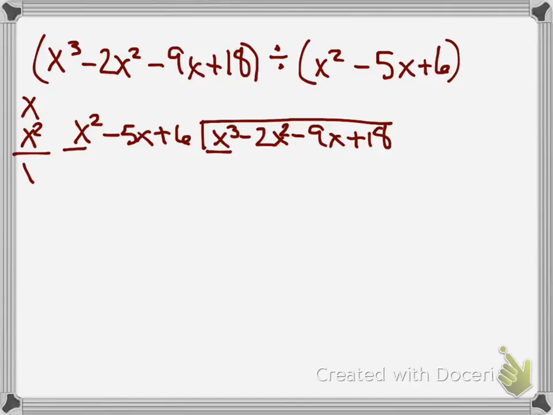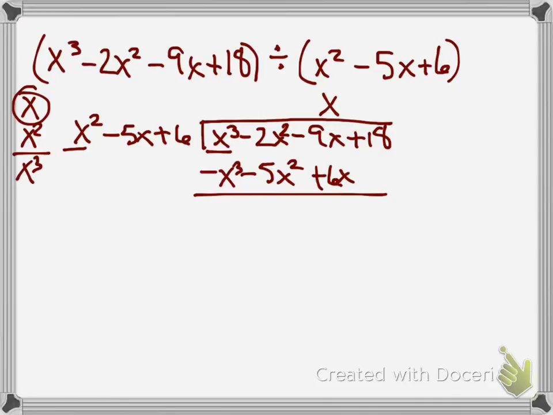Okay, so let's go over here and say x times x squared is x cubed. X times negative 5x is negative 5x squared. X times 6 is positive 6x. Change the sign. Boom, boom, boom. And now the x cubes cancel out. 5 minus 2 is 3x squared. Negative 9 minus 6 is negative 15x.